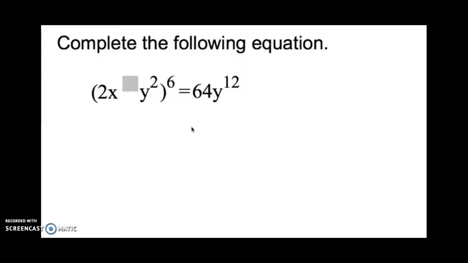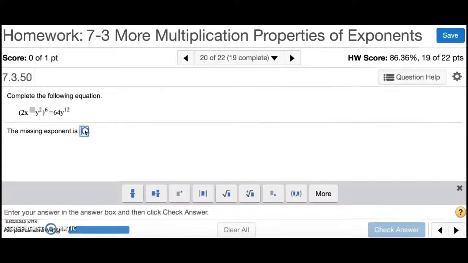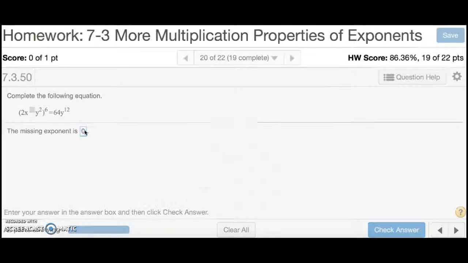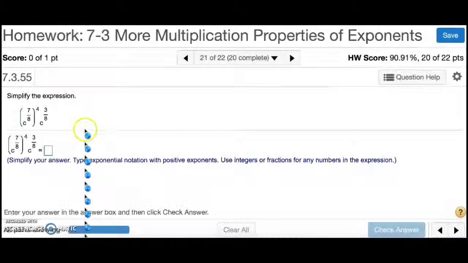We know a variable to the 0 power is going to give me 1. So in order for me to have this go away and leave me with no more x's, I need to multiply this 6 by something that will give me 0. 6 times 0 is 0, so my answer will be 0. Typing that in, my answer will be 0 for 20.